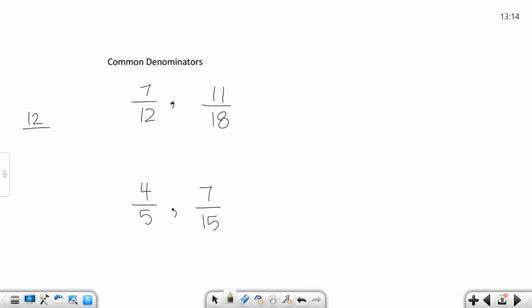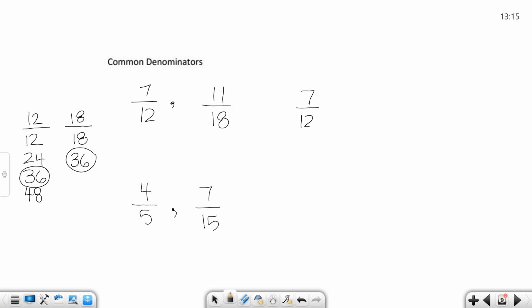I'm going to start with 12, and I'm going to list the multiples of 12. 12 times 1, 12 times 2, 12 times 3, 12 times 4. I could also list the multiples of 18. 18 times 1 and 18 times 2 is 36. Well, once I get the common number, I'll know that's my common denominator. So the common denominator for this one is 36.